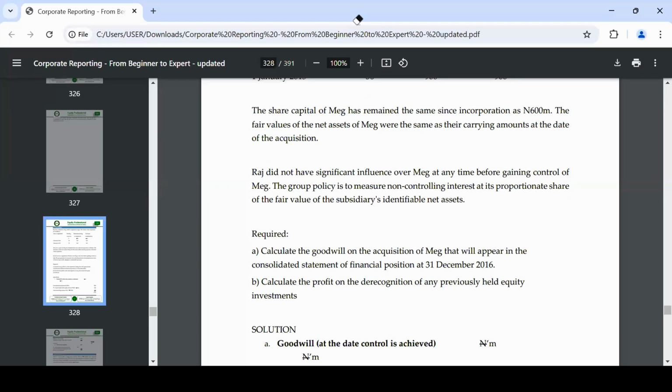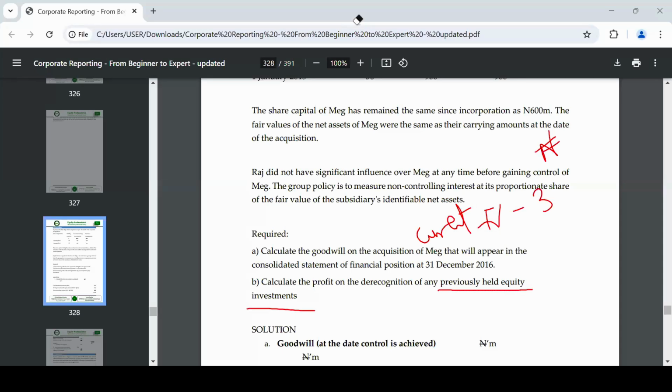And I told you the other time, to do this one, just ask yourself, what is the current fair value of this previously held equity investment? We just calculated it now.